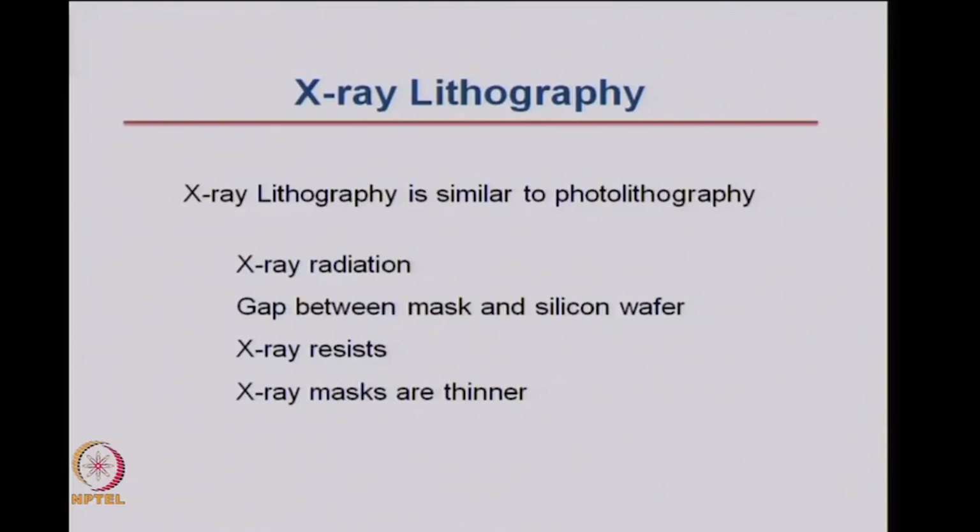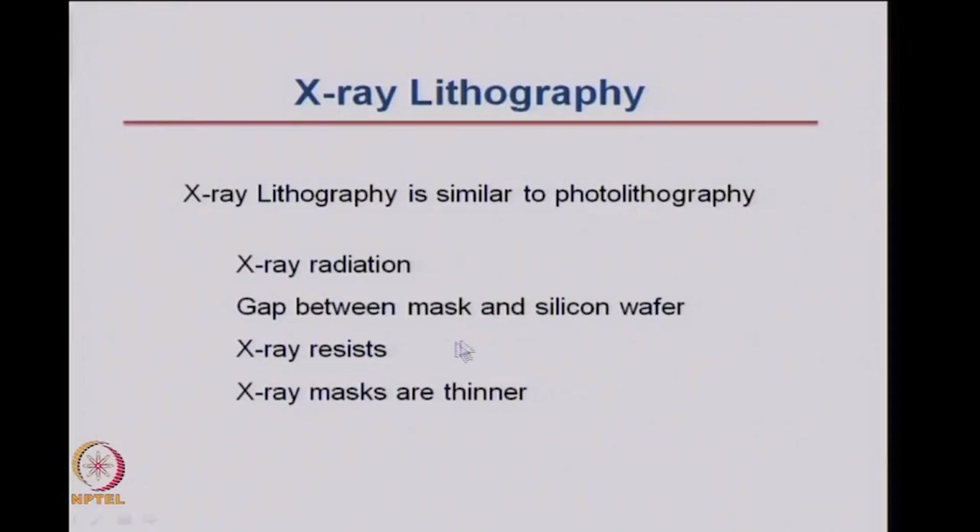But in X-ray lithography, there is a gap between the substrate or the film on top of the substrate and the mask, and then you have to have X-ray resists, that means certain materials which will not allow X-rays to pass, and X-ray masks are always thinner.